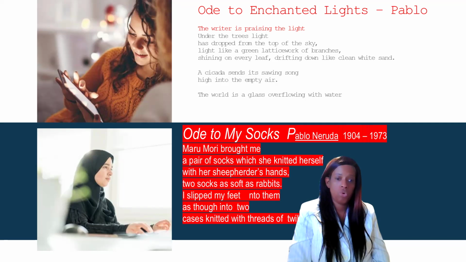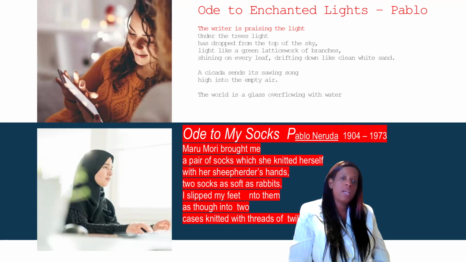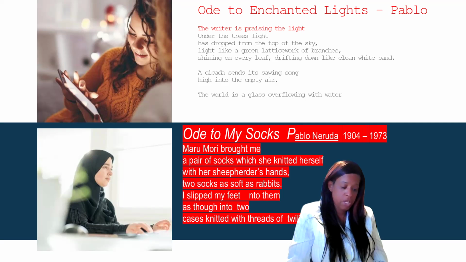So these are the two odes that we have. Now, in an ode, you can have imagery, you can have simile, you can have metaphor. In the first ode, you may have many of that. But I can't tell you what the answer is. Remember, you got to use your brain.